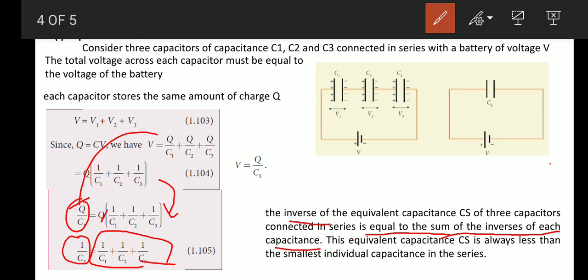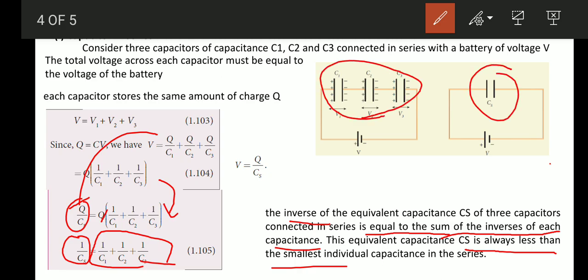The equivalent capacitance Cs is always less than the smallest individual capacitor in series. That is very important. That means these three capacitors can be replaced by a single capacitor of the effective capacitance of these three.